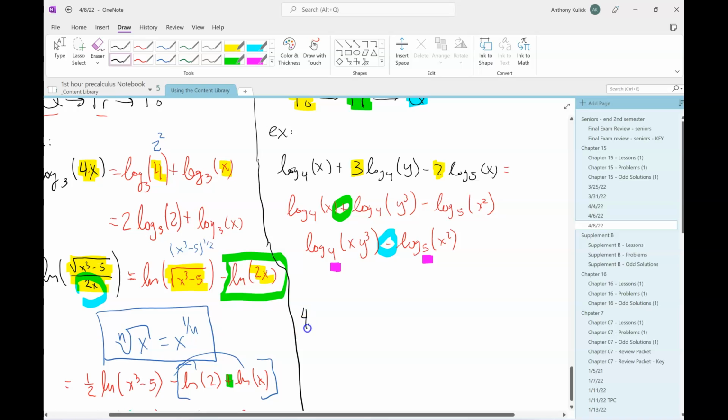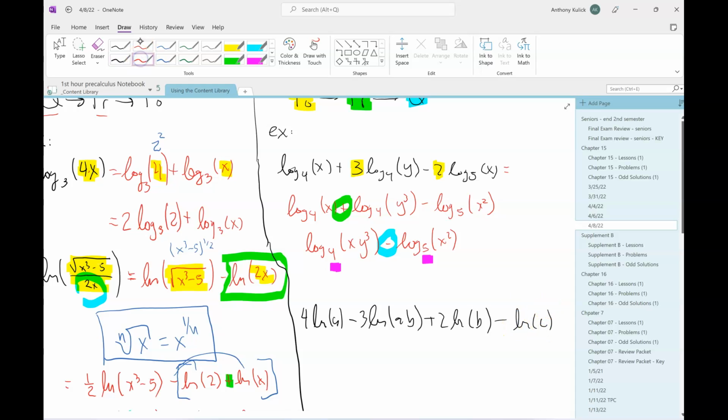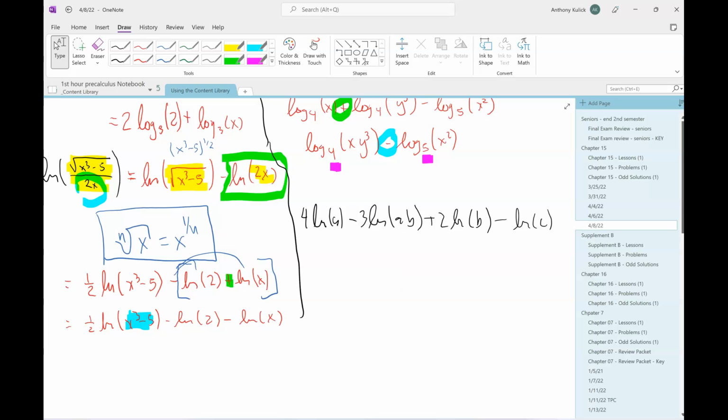Okay. Let's do uno más. So what do we got here? 4 natural log A minus 3 natural log AB plus 2 natural log B, and then I'll do minus natural log C. What's the first property I look for when I'm condensing?